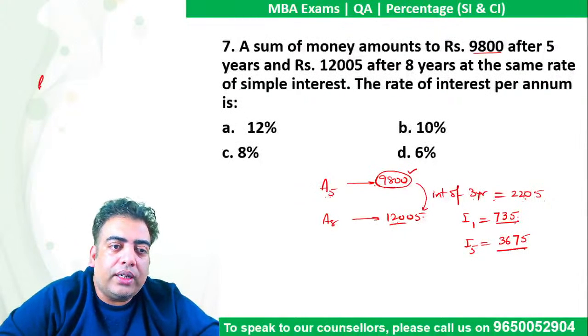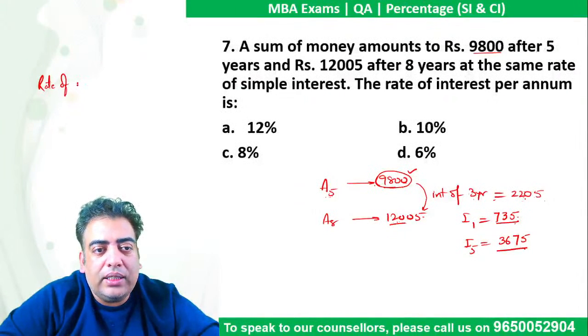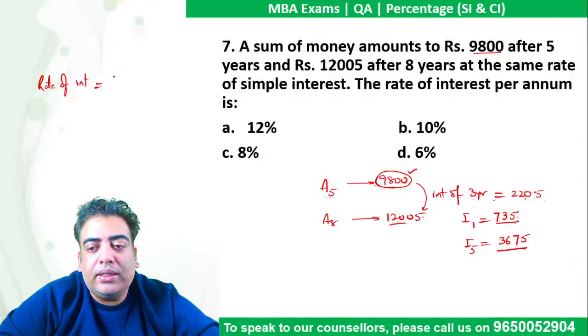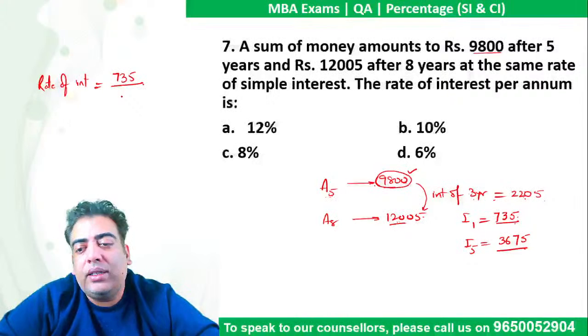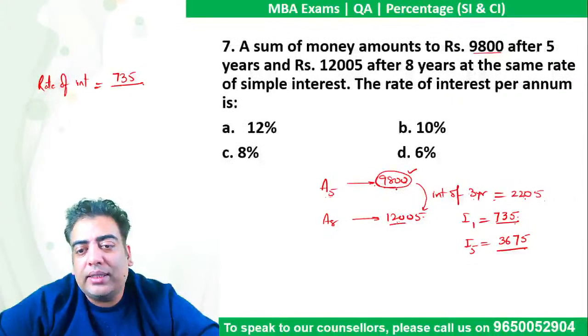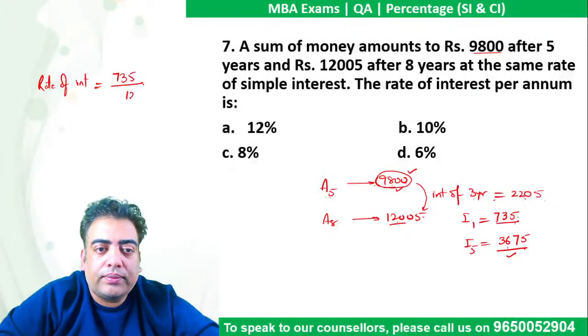So rate of interest, I can say now, is very easy to calculate. This will be the interest of 1 year divided by the principal value, into 100. So now let's subtract 9,800 and 3675. So 800 minus 675 comes out to be 125.